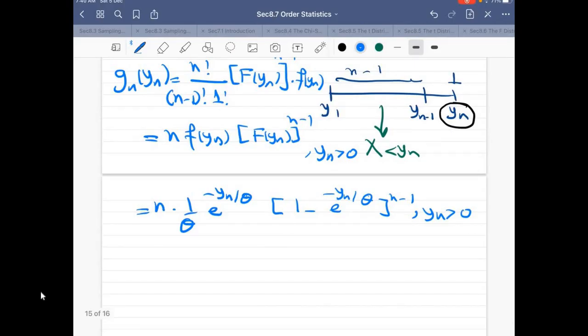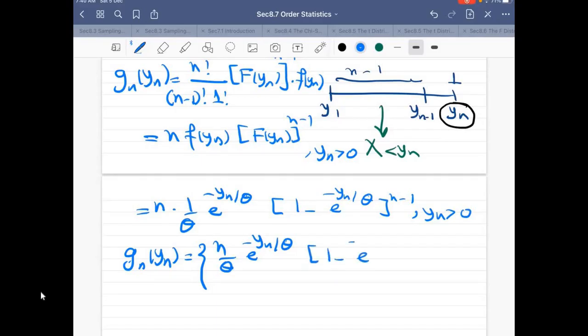And that's it. That is collectively gn of yn, it is n over theta, no more simplification, e power minus yn over theta into 1 minus e power minus yn over theta power n minus 1 for yn greater than 0 and 0 elsewhere.